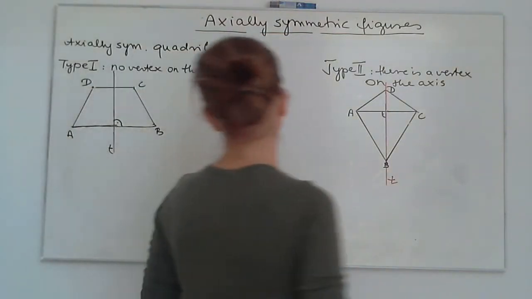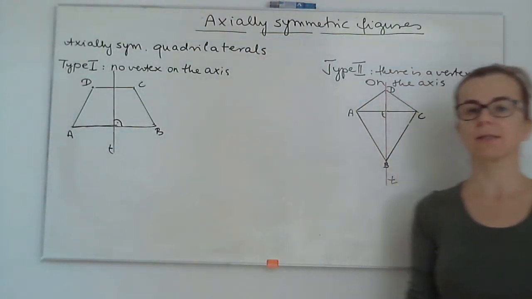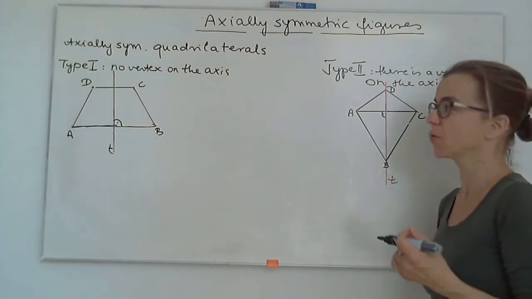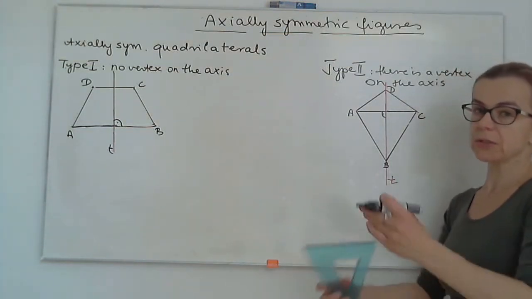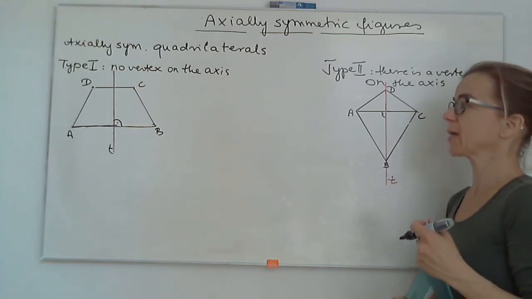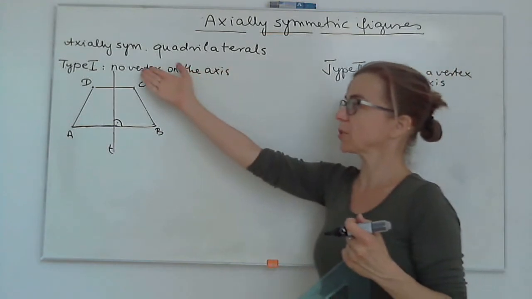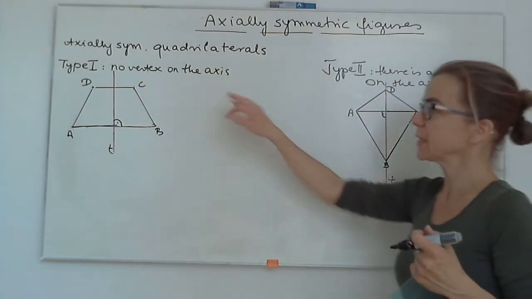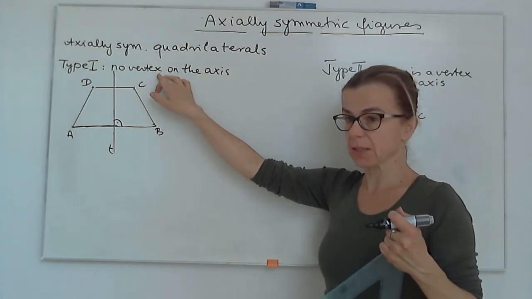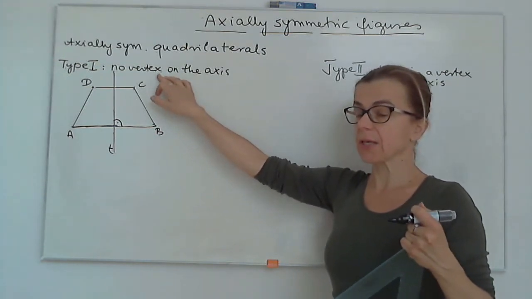Okay, let's turn our attention to axially symmetric quadrilaterals, that is, figures which have 4 vertices. According to where the vertices are situated with respect to the axis, we distinguish 2 types, type 1 and type 2. Type 1 is when none of the vertices of the quadrilateral lie on the axis.